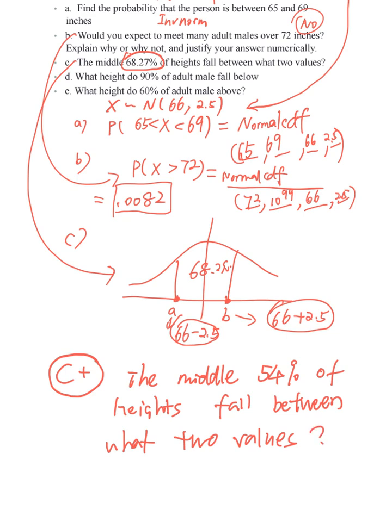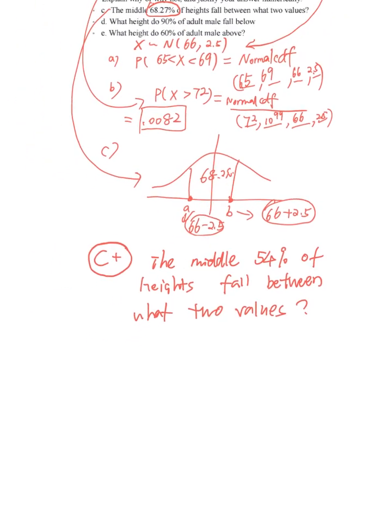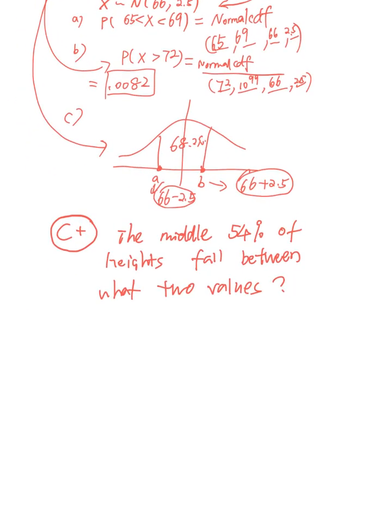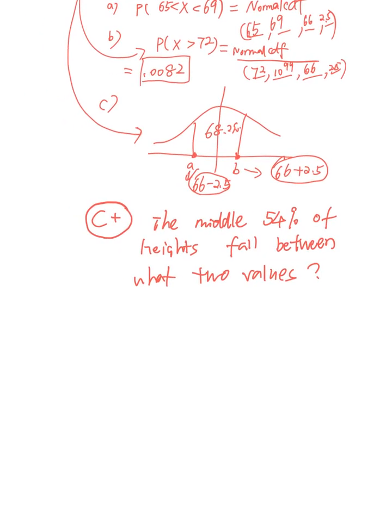How to answer this question? If I don't give you a special percentage, if I just give you a general percentage, any percentage, 54, 58, 62, 79, something, so it's not an empirical rule related percentage, how to answer this question?